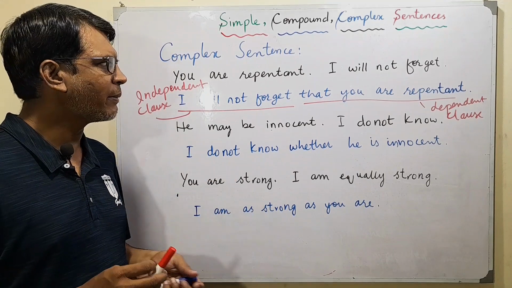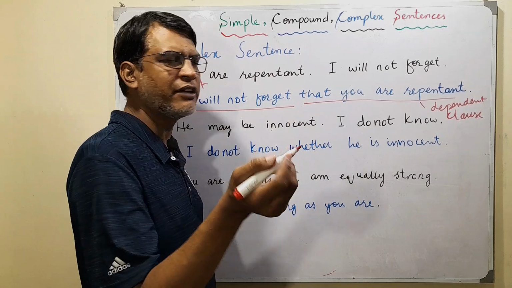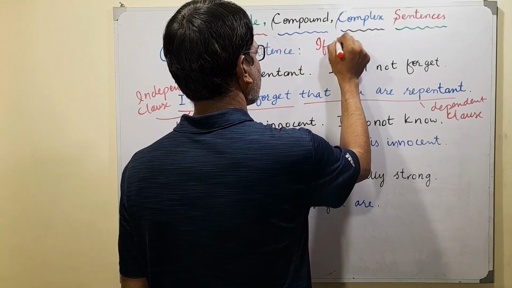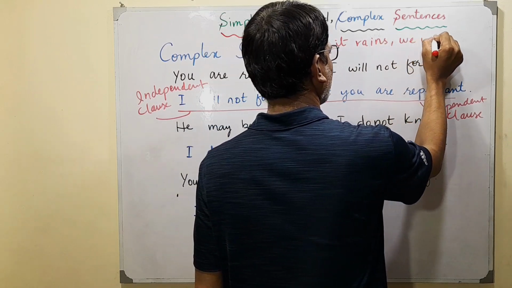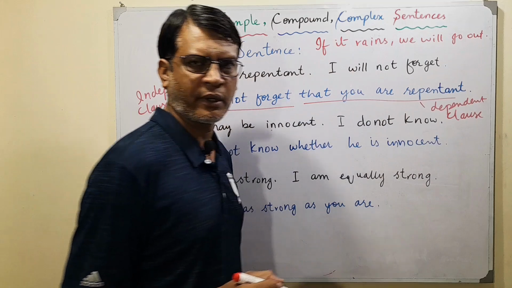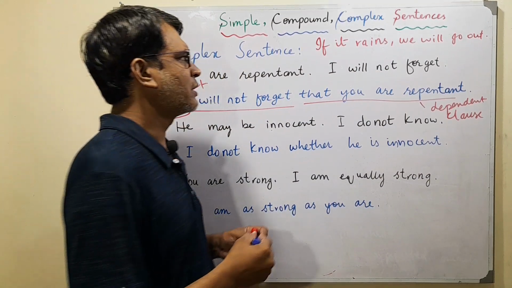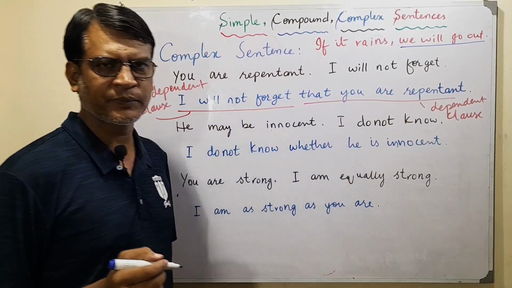And the very common example which you can easily understand is with if clauses. For example, we say, "If it rains, we will go out." See, this part, "we will go out", is okay.